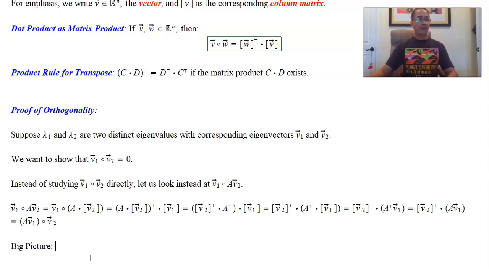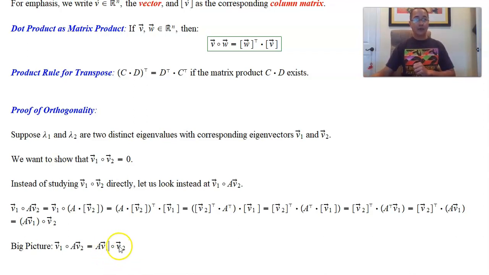What's the big picture? What do we get? V1 dotted with AV2 must be equal to AV1 dotted with V2. And I guess we don't need the parentheses anymore.